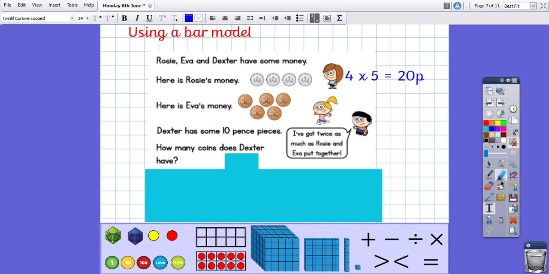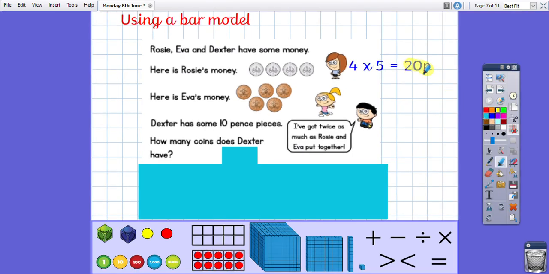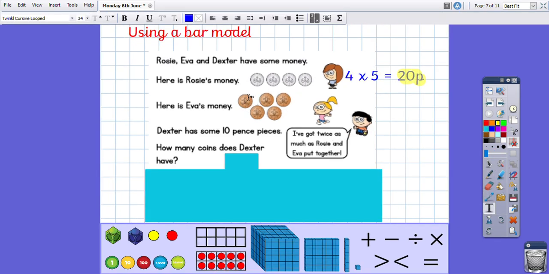I'm just going to highlight that so we know that's what Rosie has got. Eva has got 2p's, and she's got 1, 2, 3, 4, 5. So her sum would be 5 times 2 equals, and you should all know that that is 10. So Eva has got 10p.